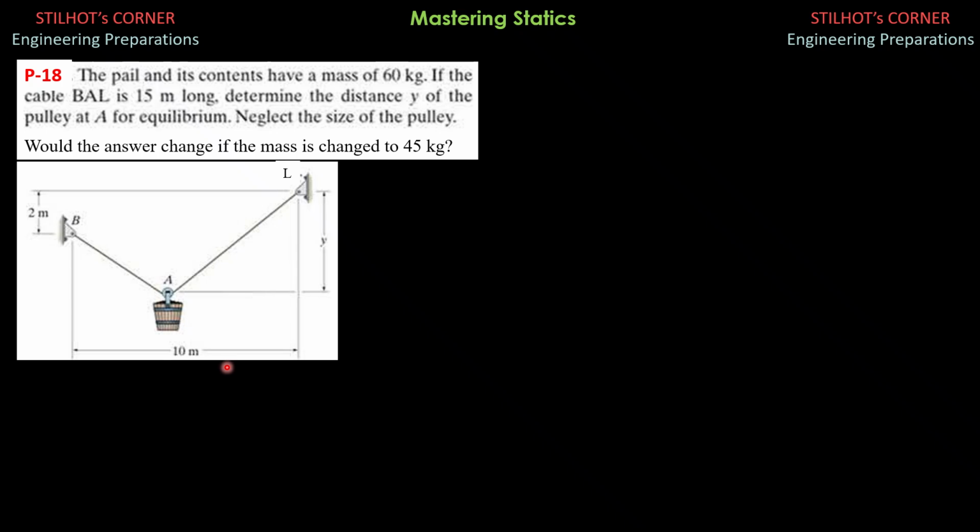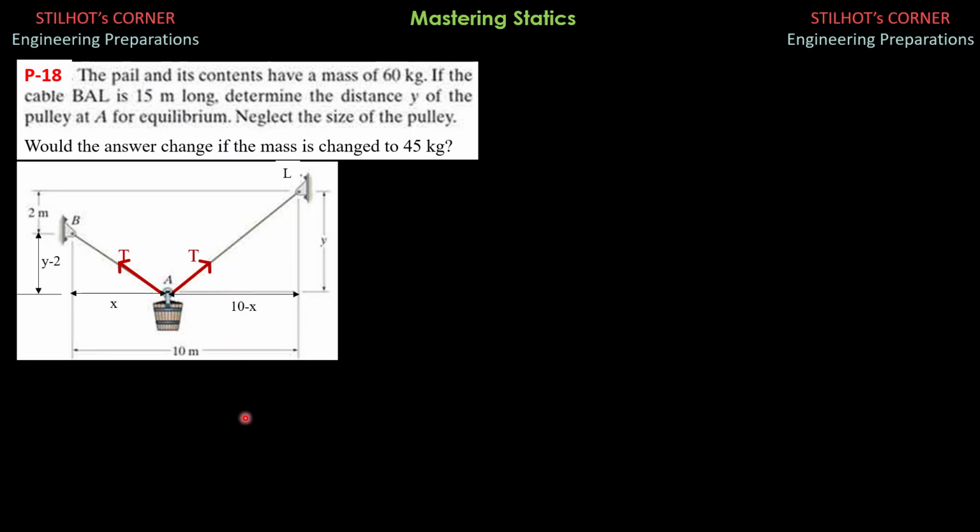let's have the free body diagram, and that's the free body diagram. This is the mass 60, so the weight is 60 times g. Then I'll call this part x. So this is y minus 2. This is 10 minus x as shown.